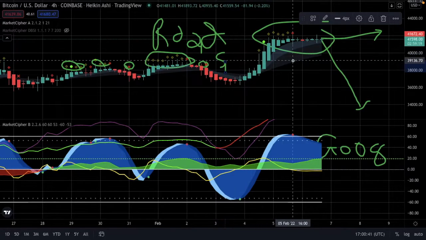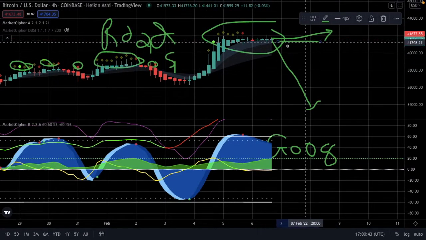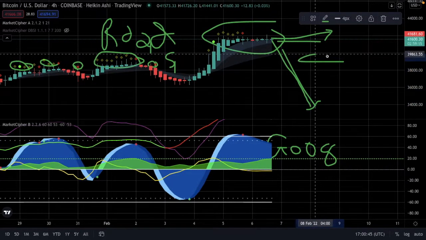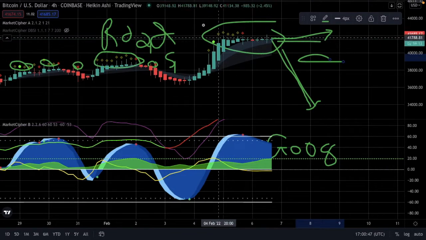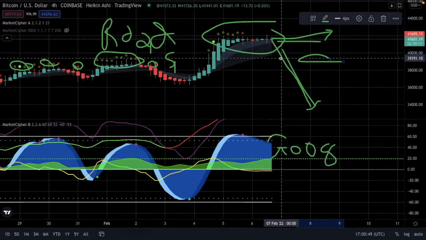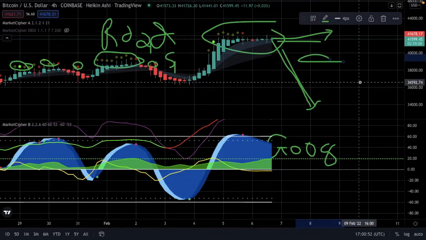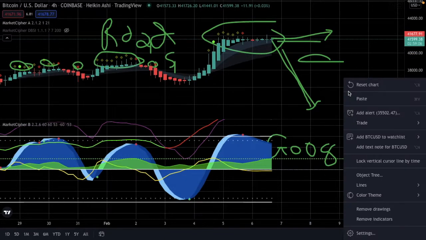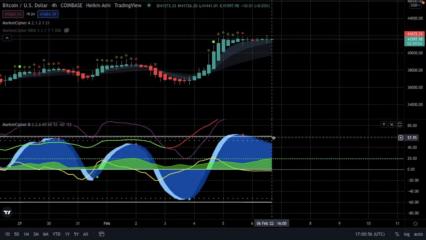Trading is either upwards, downwards, or consolidation, and we are in a region of consolidation. How do I determine my direction and make my trades in accordance with it? This is where Market Cipher simplifies it for me.